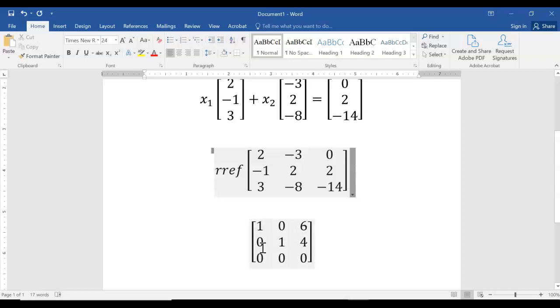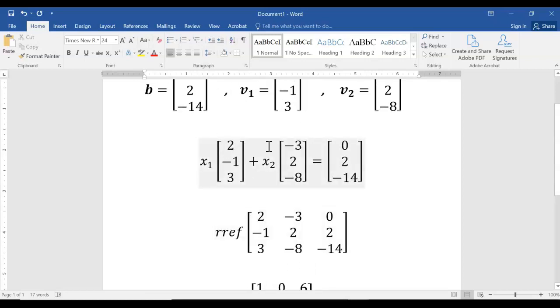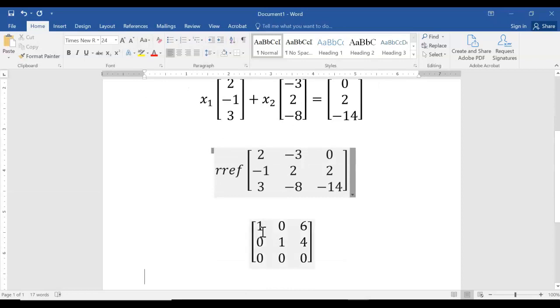Now remember what these columns and rows represented. They represent the rows of an augmented matrix, which come from a certain equation, and those equations have coefficients of x1 in our first column, coefficients of x2 in our second column, and our constants in our third column.